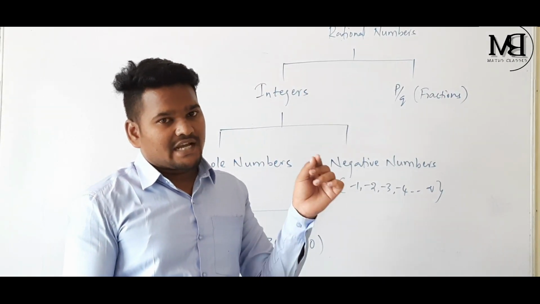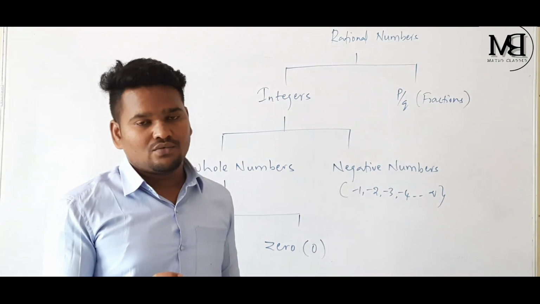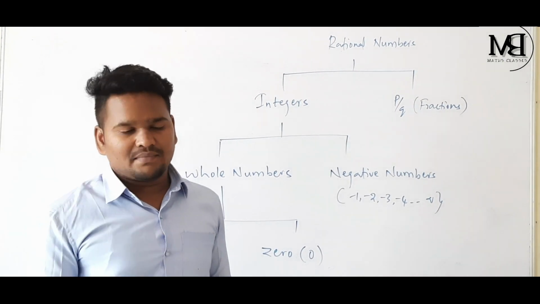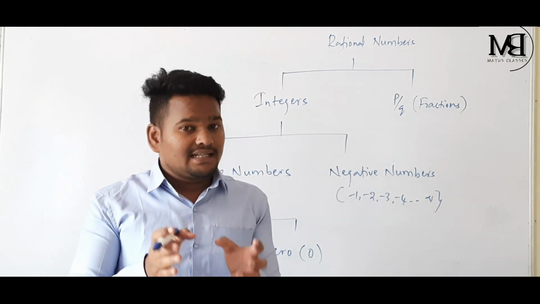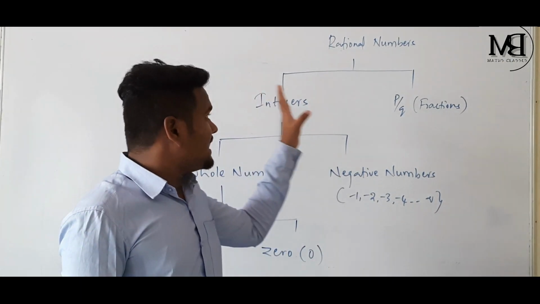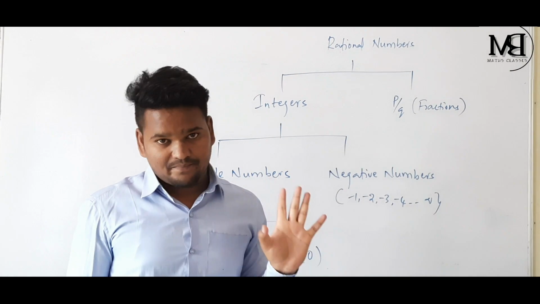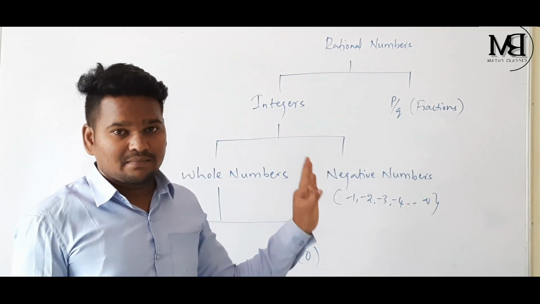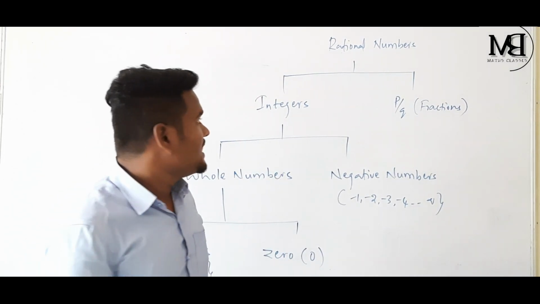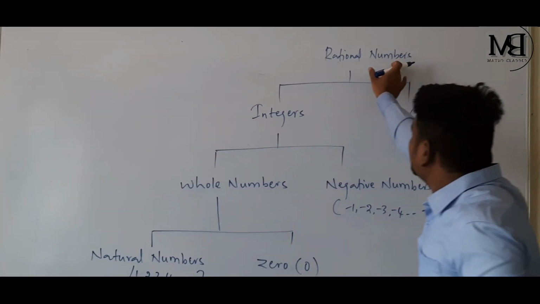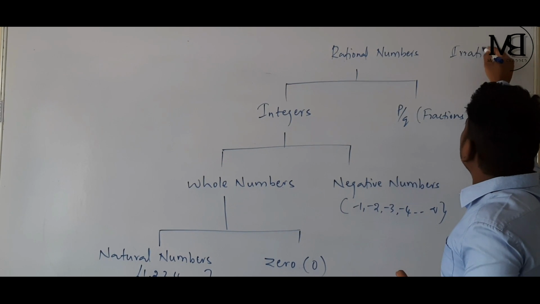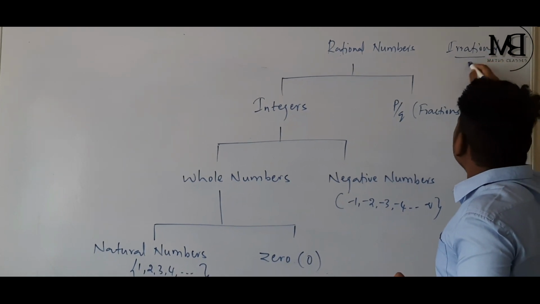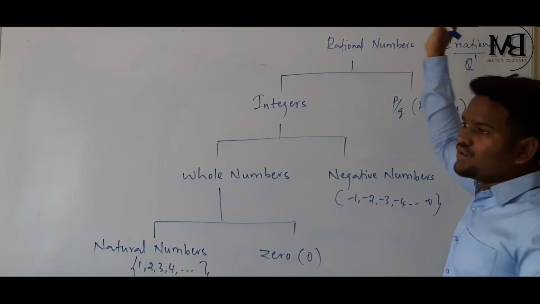Actually, to understand irrational numbers, we must understand rational numbers briefly. These irrational numbers are denoted by Q dash.